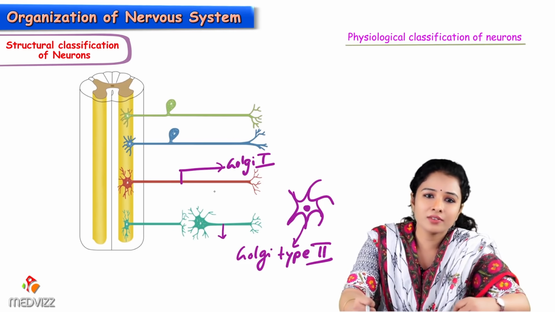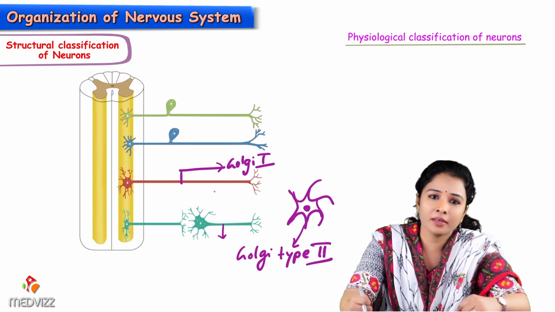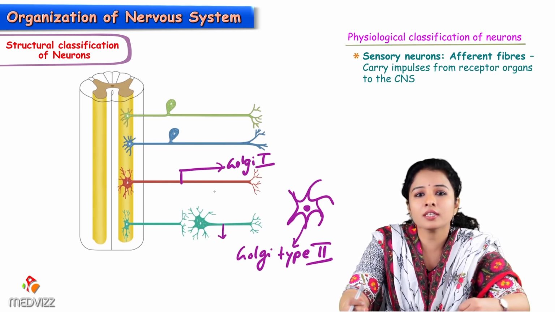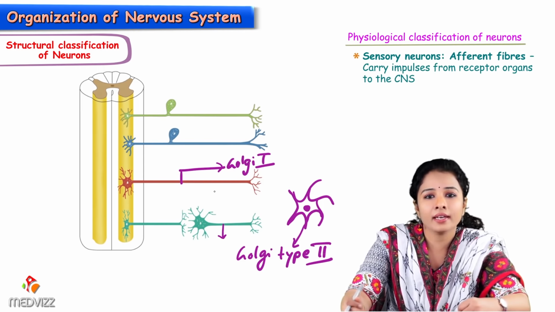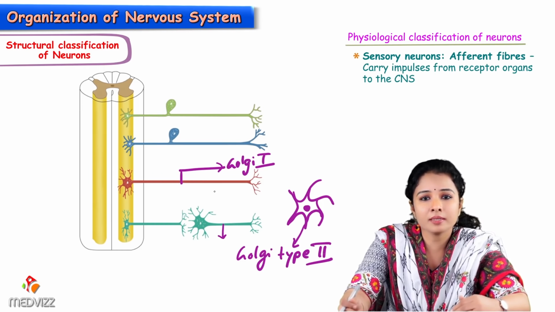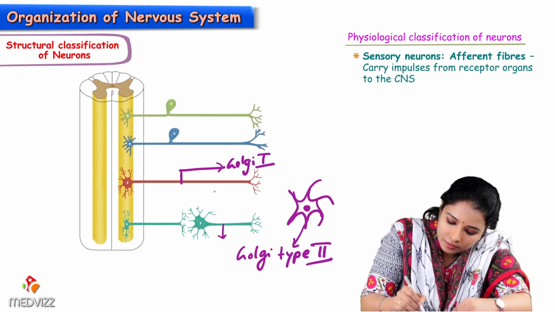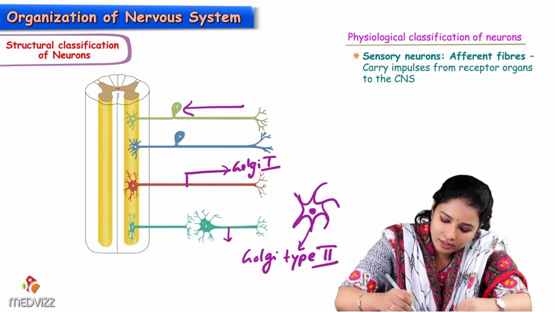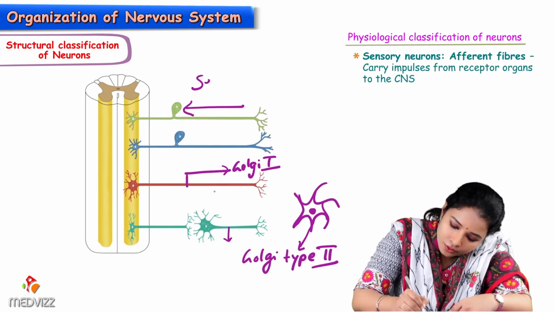For the physiological classification of neurons, we can classify them as sensory neurons and motor neurons. Sensory neurons are afferent, meaning they carry impulses from the receptor organs to the central nervous system.